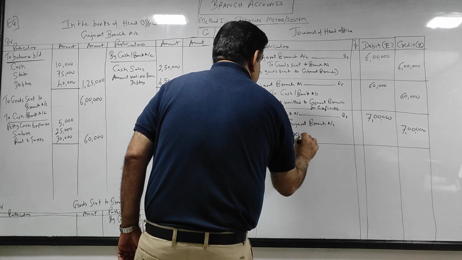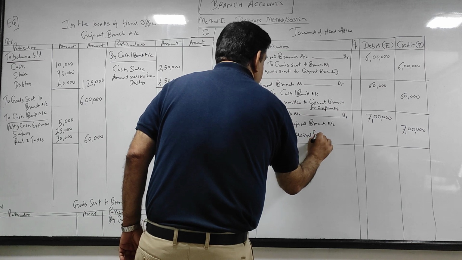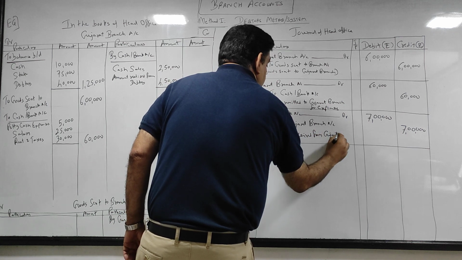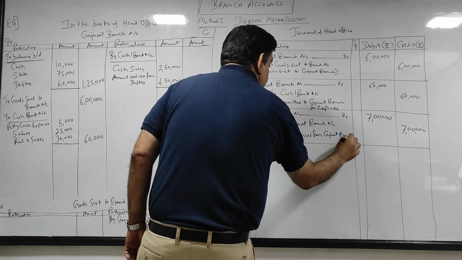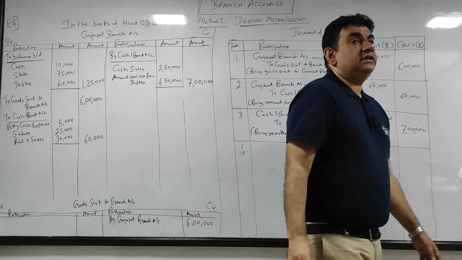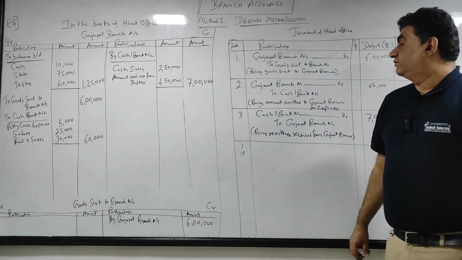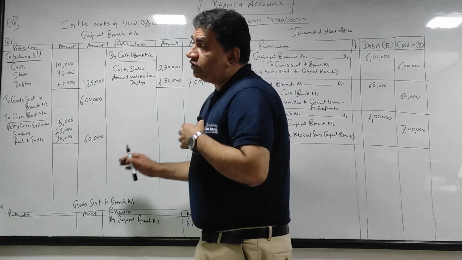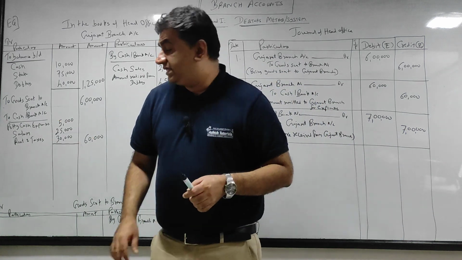Being remittance received from Gujarat branch. So in short, amount of remittance has to be there.